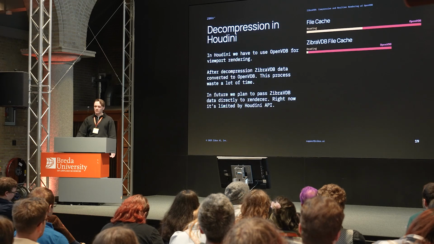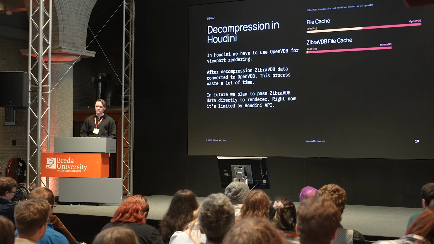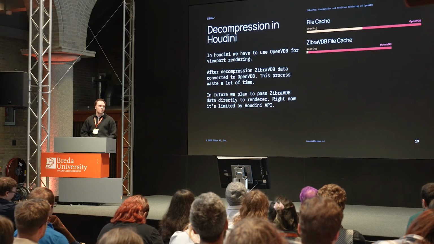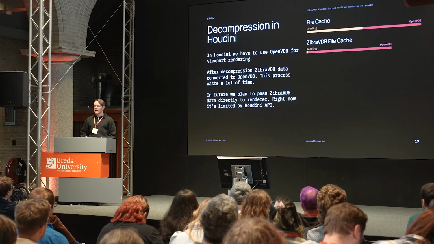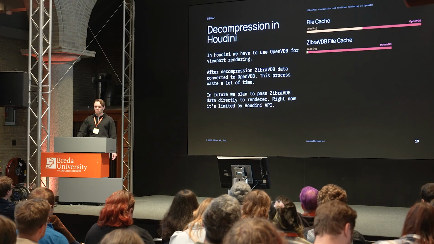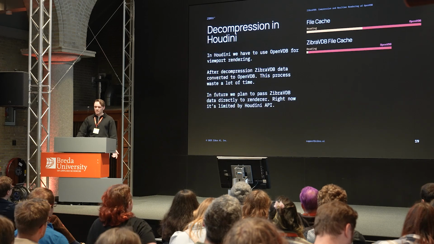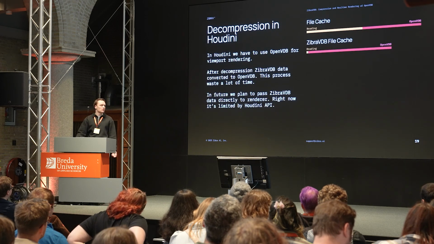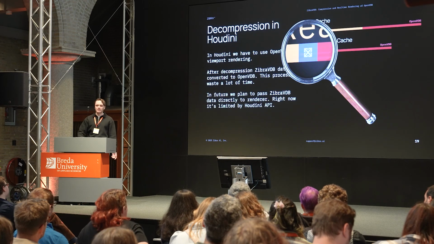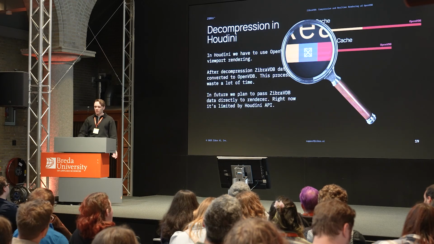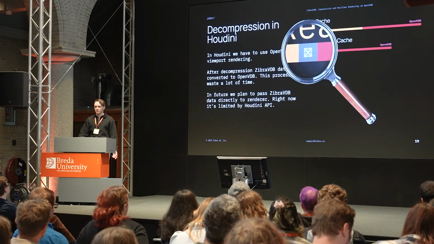But after decompression, we actually convert it to VDB in Houdini, because all renderers know how to work with VDB. They don't know how to work with custom volumetric data. So we need to convert it to VDB, and this conversion takes almost all of the time. The decompression step is so small that it doesn't affect performance at all. It's all OpenVDB that we cannot get rid of right now.